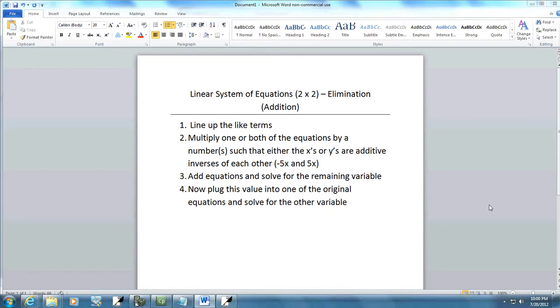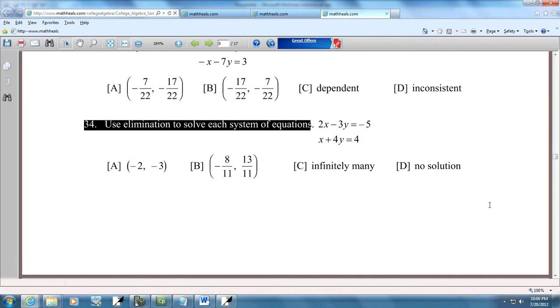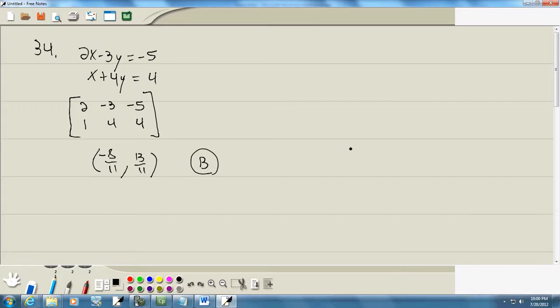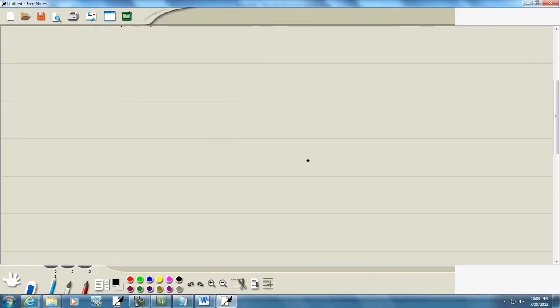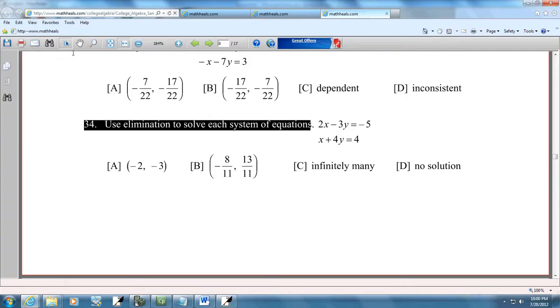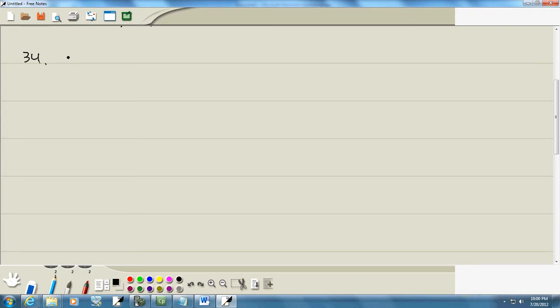So let's look at these steps. Okay, so we got 2x minus 3y is equal to negative 5, and x plus 4y is equal to 4. Now, it doesn't matter which one you eliminate.